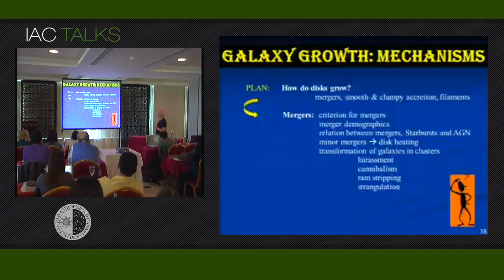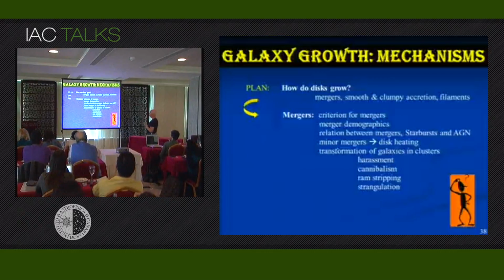Now, what do I want to talk about in the half hour that I have? Well, of course, the main point: how did this grow? Mergers, smooth and clumpy accretion, and filaments. I will only touch on mergers today.